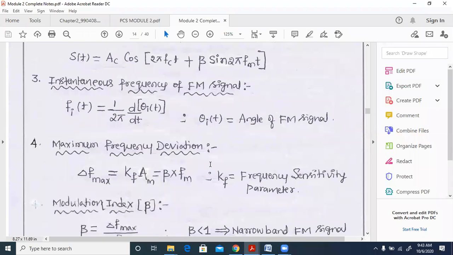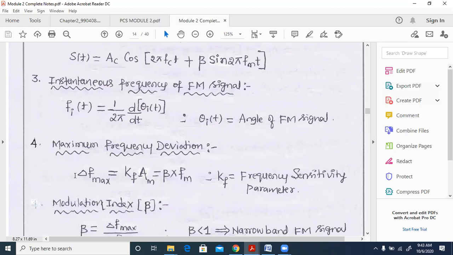Maximum frequency deviation is written as del f max is equal to kf Am equal to beta fm. Okay, kf Am or beta fm. So maximum frequency deviation is written as kf Am or beta fm. Sometimes people will write kf is equal to del f max by Am, or beta is equal to del f max by fm.